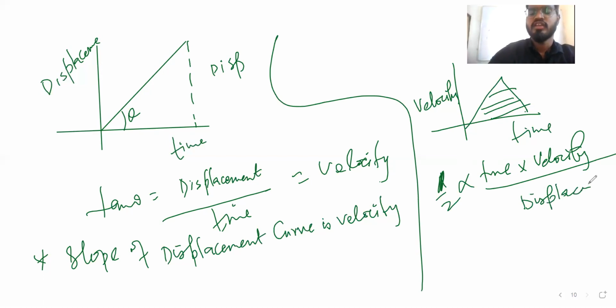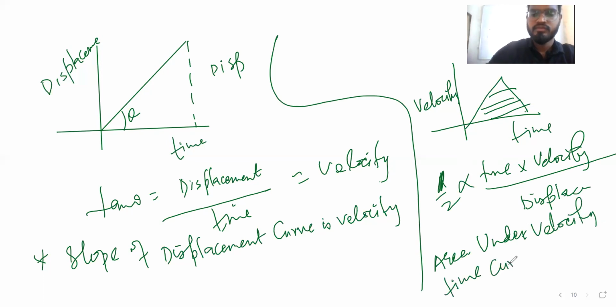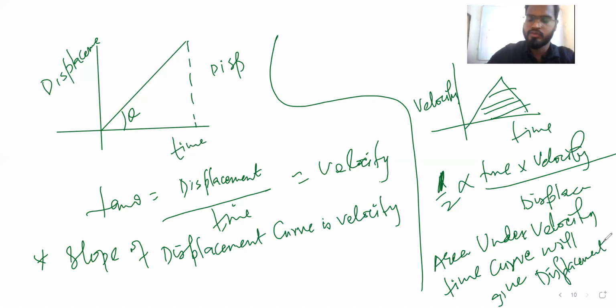It means the area under the velocity time curve will give displacement. Hope till here you guys got it. Understood, right? How easy it is.